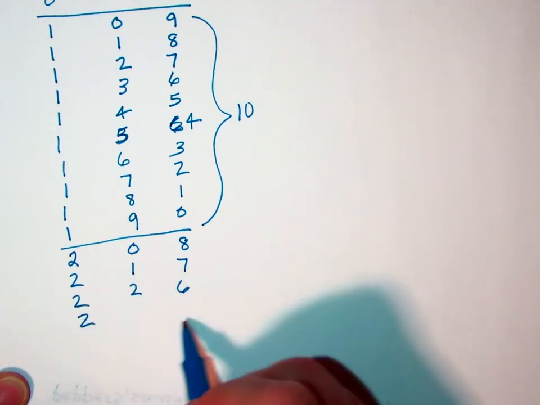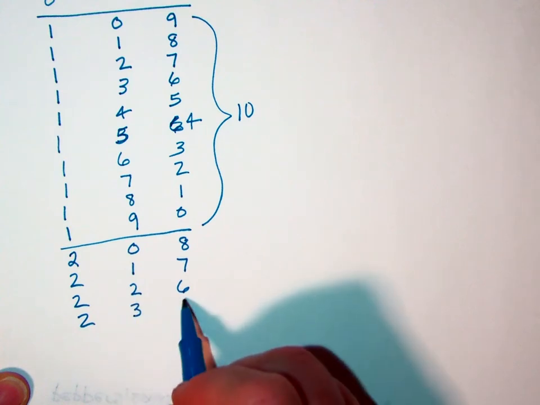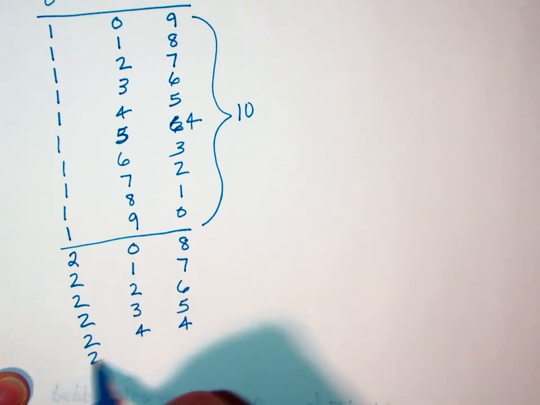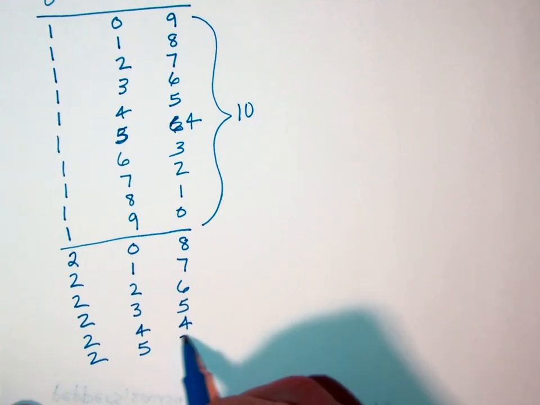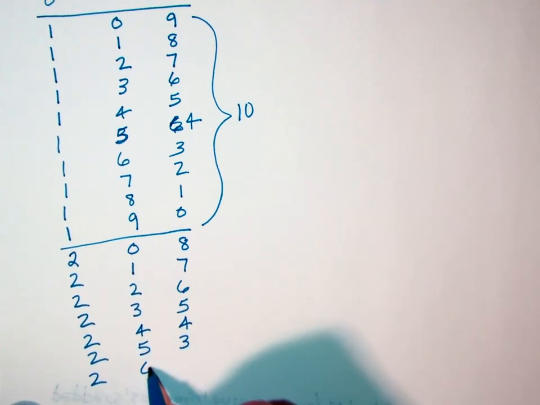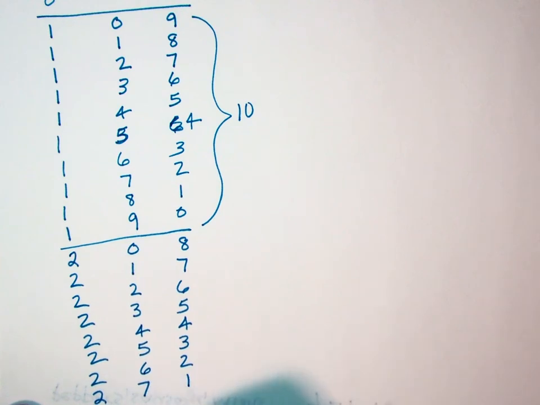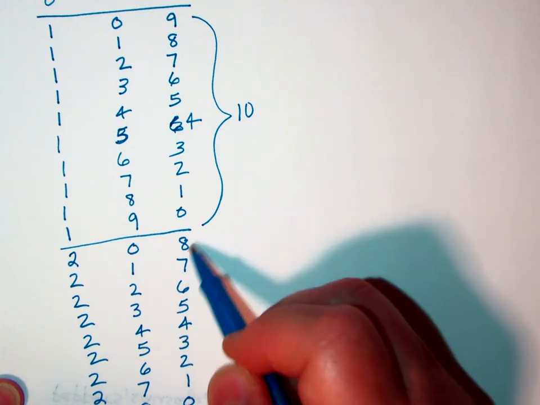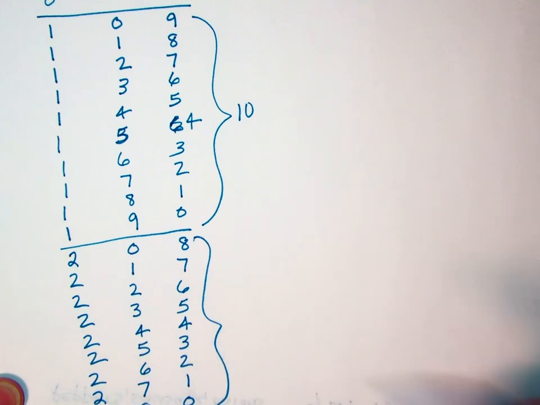And again, we're seeing this pattern, 2, 3, 5, 2, 4, 4, 2, 5, 3, 2, 6, 2, 2, 7, 1, 2, 8, 0. And that's as far as we can go because we can't go down any lower than 0 there. 1, 2, 3, 4, 5, 6, 7, 8, 9. So there's 9 solutions for when A equals 2.